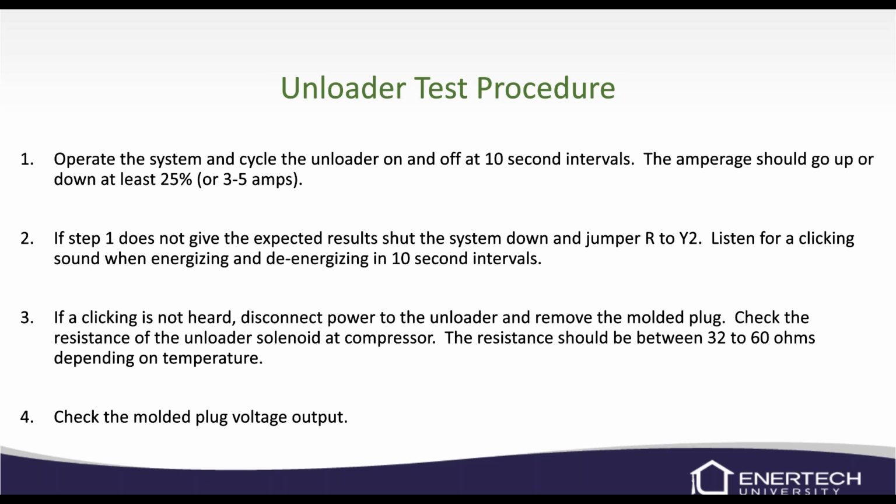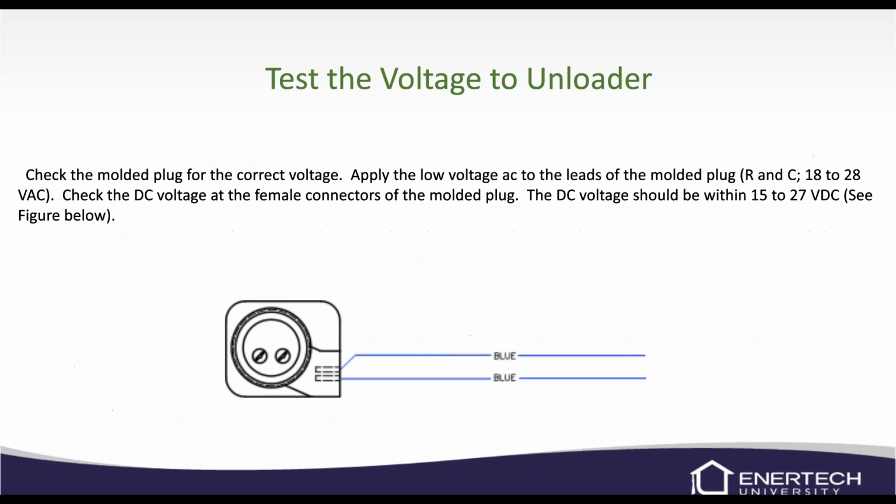You can also check the molded plug for voltage output. So if you give it a jumper R to Y2, then you should have 24 volts coming into it. But it's actually DC voltage out. There's a little rectifier in the black plug.